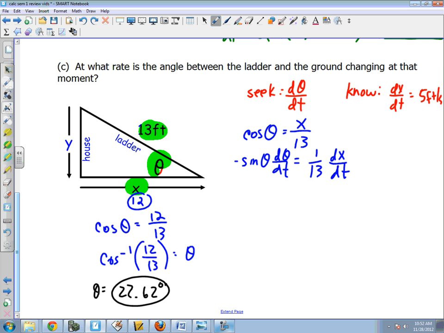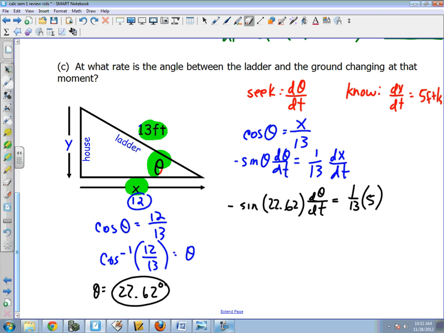So now I can take negative sine 22.62 d theta dt equals 1 over 13, and I know dx dt is 5. So now I'm going to see how theta is changing. I'm going to take negative sine of what I got for the answer. So it's going to be negative 0.385.